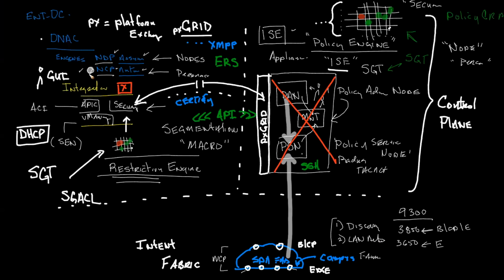But we've also got to recognize that we have resources we are going to need to communicate to in our infrastructure. Specifically, to use the terminology of SDA, these are going to be my fusion nodes.